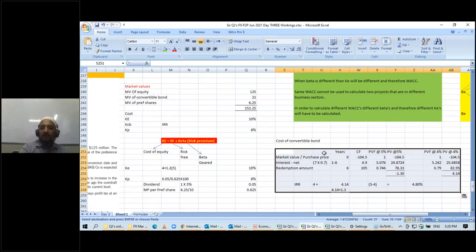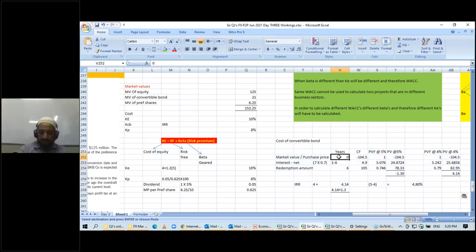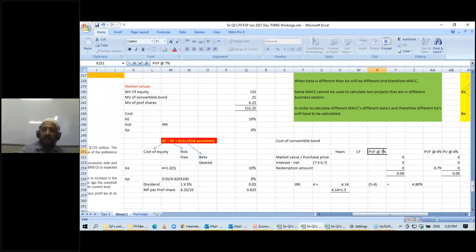Okay, so what happens? One of the rates I'm taking the same as the preference shares rate, which is 7%, and the other one I will decide once I get the NPV.